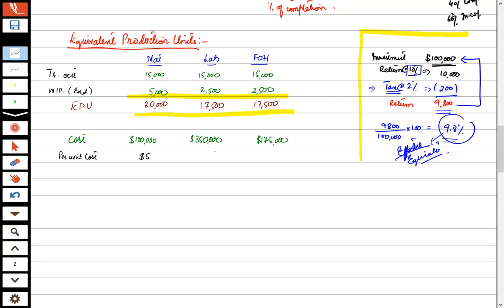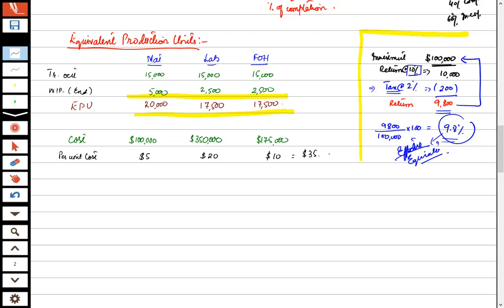And labor, $20. And FOH, $10. Total per unit cost would be $35. Check the calculations. Are these correct? Yes. Okay. Now we are in the position of preparing the cost of production report.